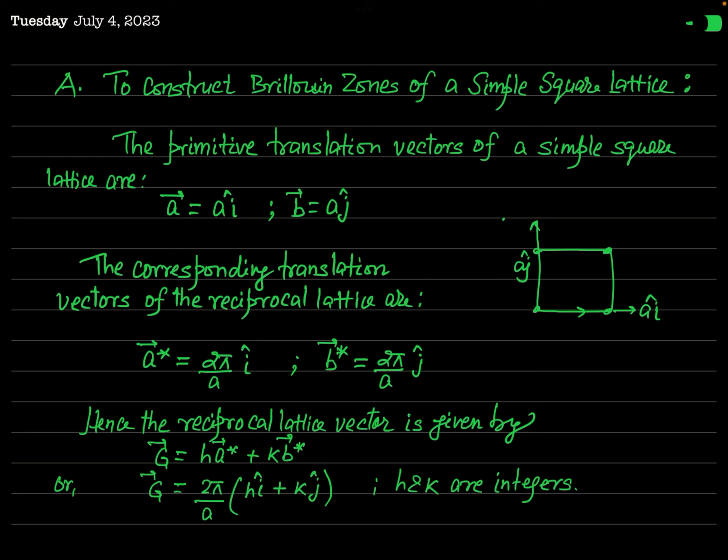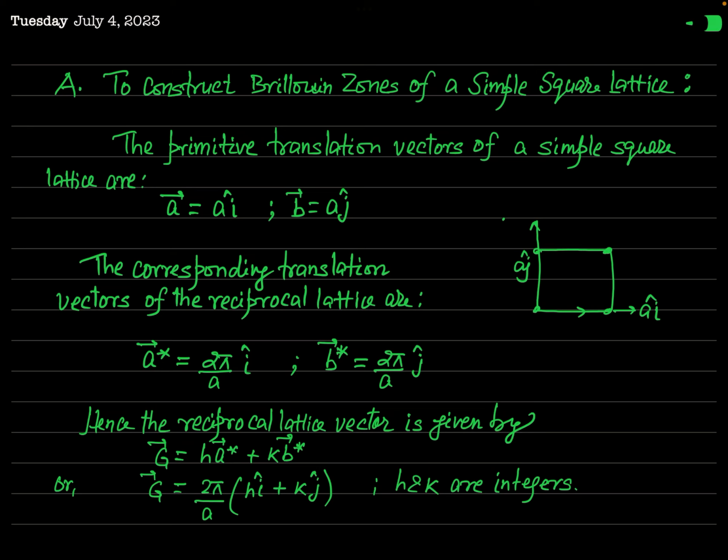That is, we are talking about a two-dimensional lattice, particularly the square lattice, and we will try to find the Brillouin zones in this case. After this calculation, your concept regarding the construction of the Brillouin zone will be crystal clear. So let us see how we can construct the Brillouin zones of a simple square lattice.